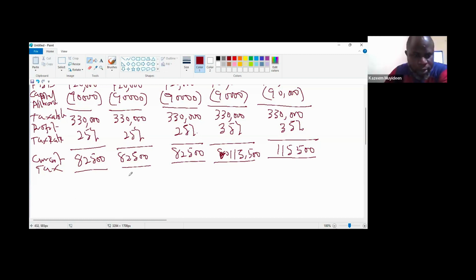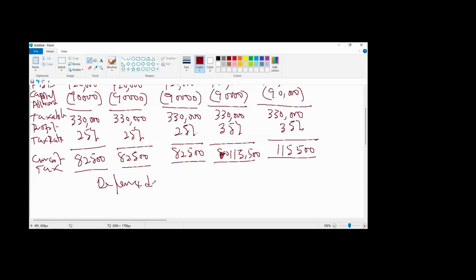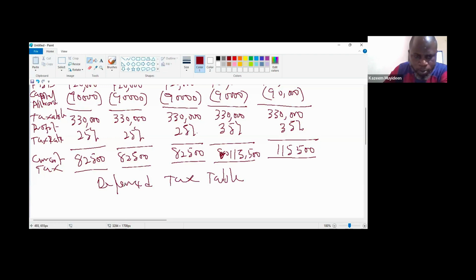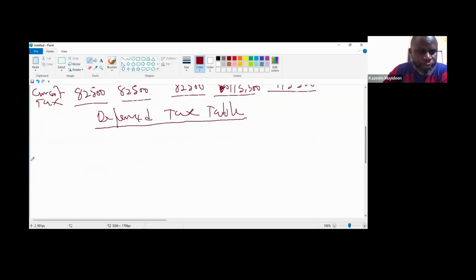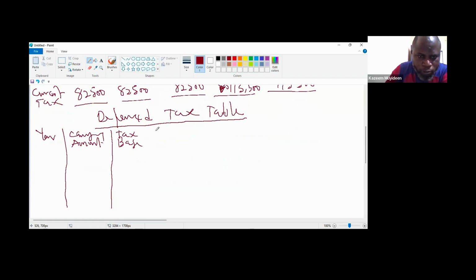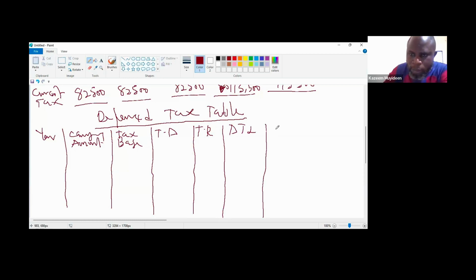Let me calculate my deferred tax using my deferred tax table. The columns are: year, running amount, tax base, temporary difference, tax rates, deferred tax liability, and deferred tax assets.